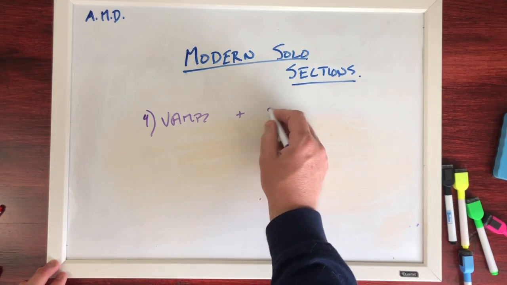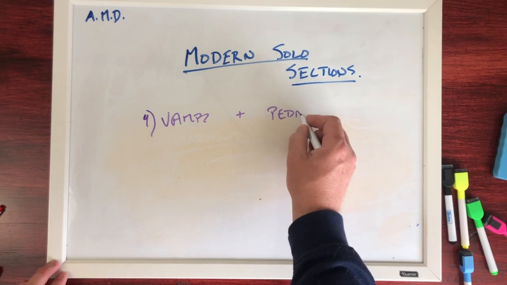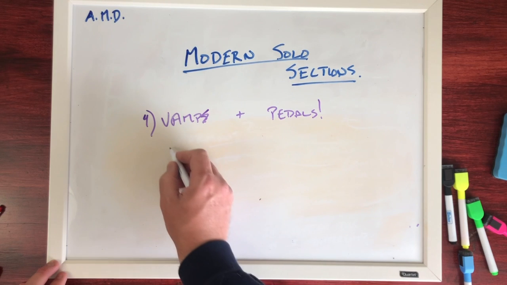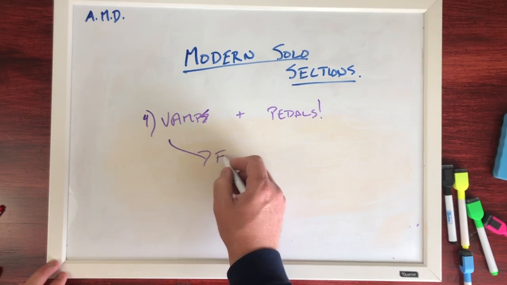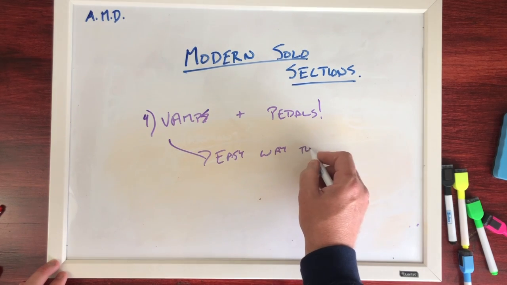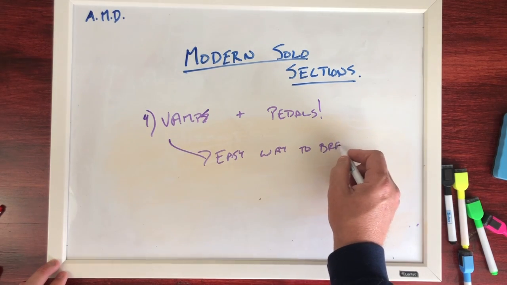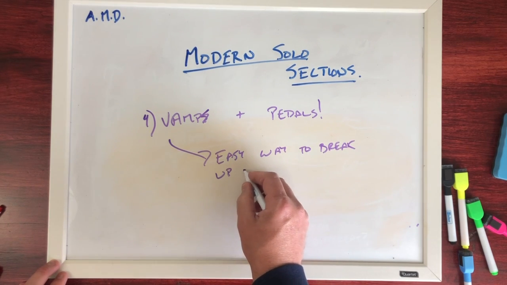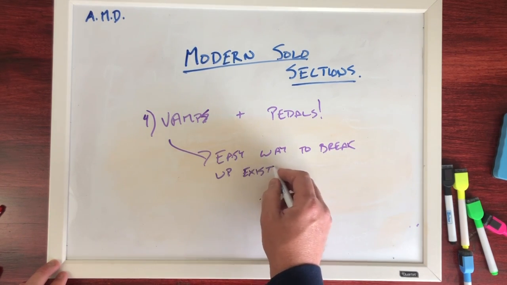Finally, you'll notice that we reference both vamps and pedals a lot. In many cases, these are very easy solutions for creating little tweaks in the harmony, little tweaks in the form that provide plenty of ways of writing interesting things that aren't time consuming and are also very playable by the band.